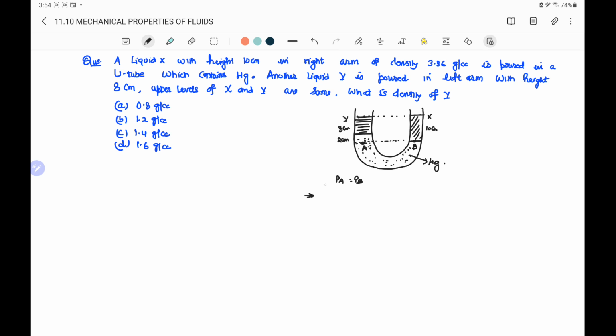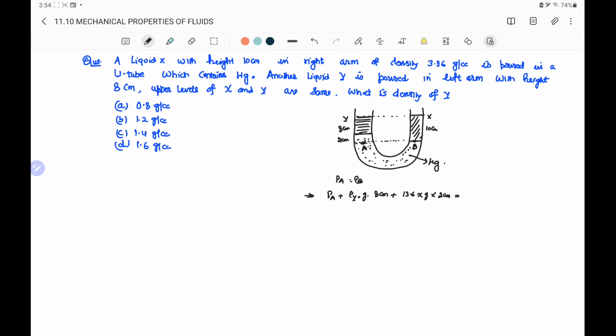This implies that the pressure at A will be the atmospheric pressure plus the pressure of the liquid column in the left arm, which is the density of Y into g into the height of liquid column Y, this is 8 centimeter, plus another length of 2 centimeter of mercury, so it is 13.6 gram per cc for the mercury into g into 2 centimeter.